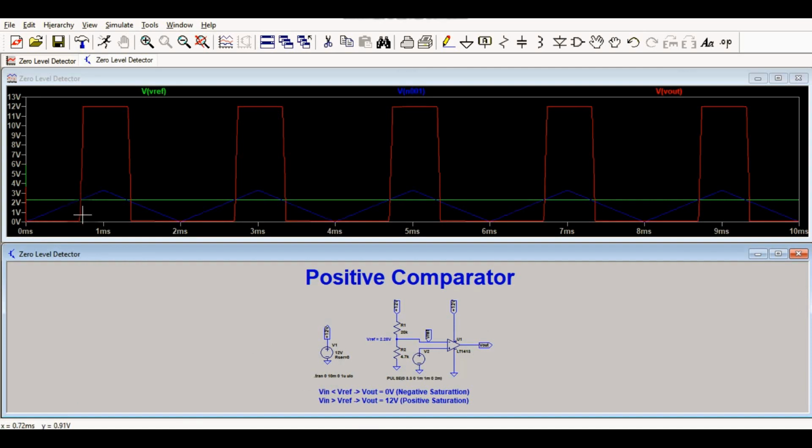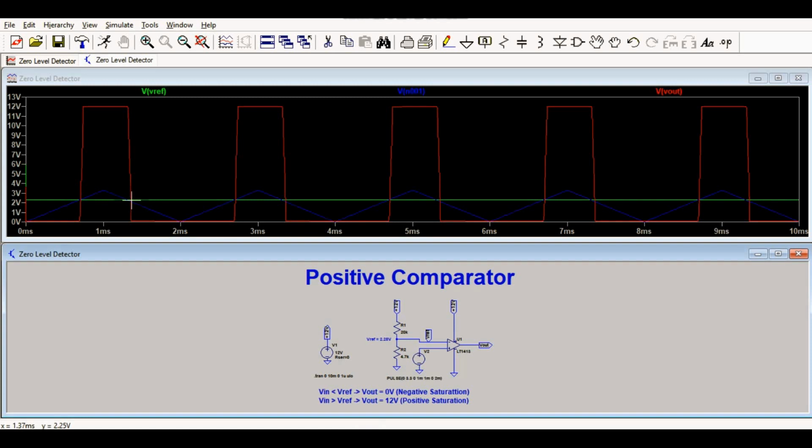In that case, you can see from here to here, your output V out equals 0 volt. And whenever your input signal is greater than your V reference, at that point of time your output is 12 volt, right? You can see from the time period here to here, your input signal is greater than your V reference.